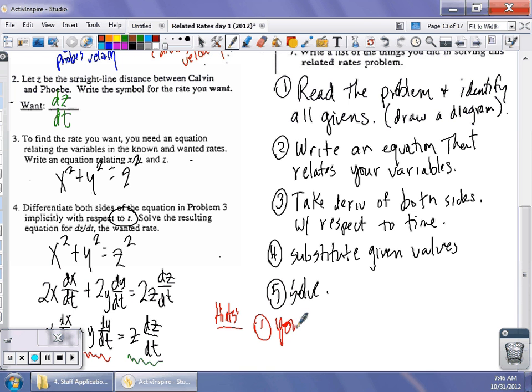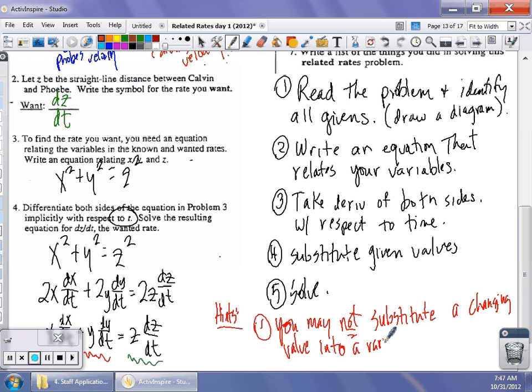You may not, this is very important, substitute a changing value into a variable until after differentiation.